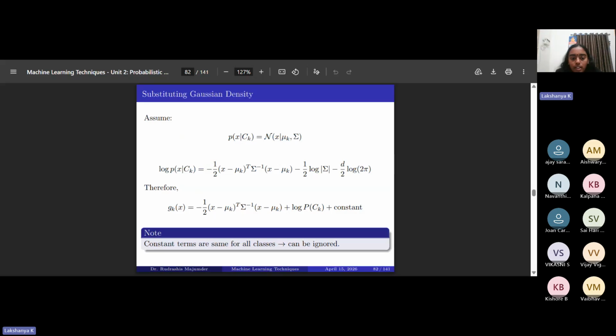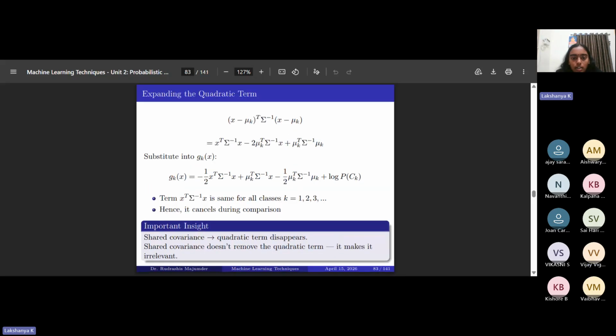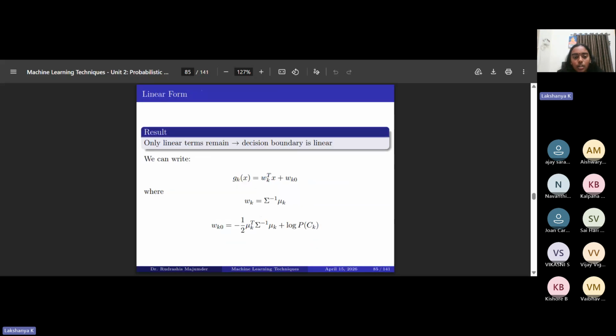So this is just simple math. You have to substitute your normal distribution PDF over here, and you will get some constant terms. You can ignore the constants. Then it is just substituting necessary values into gk of x. The quadratic terms get cancelled out. So finally, you will end up with this expression.